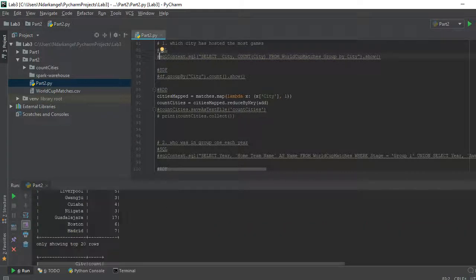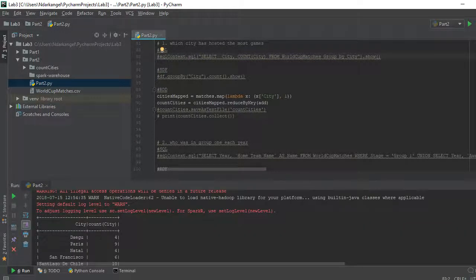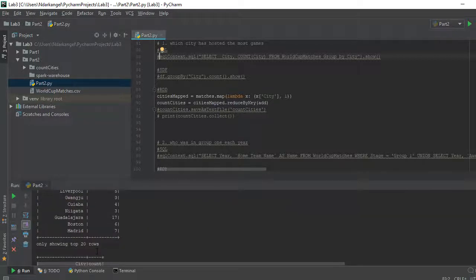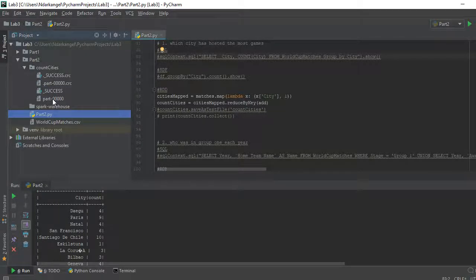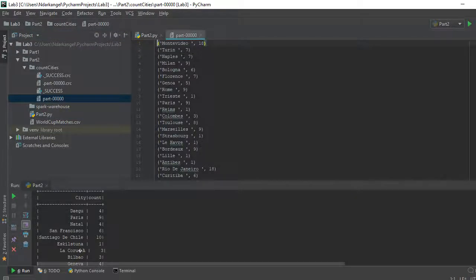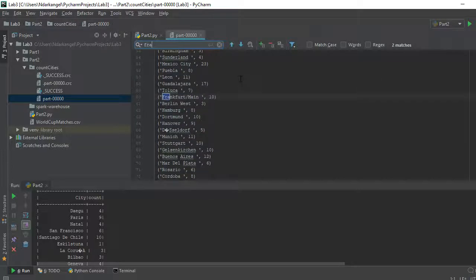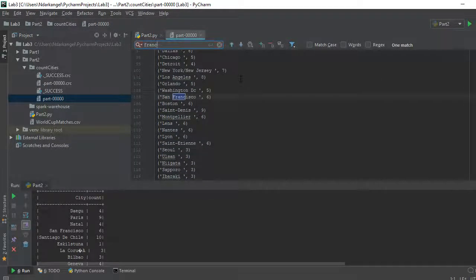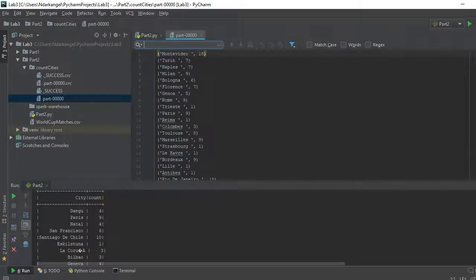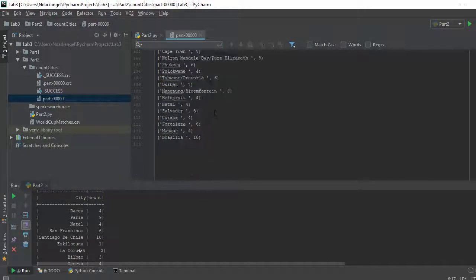So you can see from the result, the first one is the SQL run. So Paris 9. You can see here, this is the one with our data frames. You see the result is mostly similar. And then we can see from here, this is the one we did with RDD. So you see RDD, France, France, oh, France is not in this list right now because this list is short.